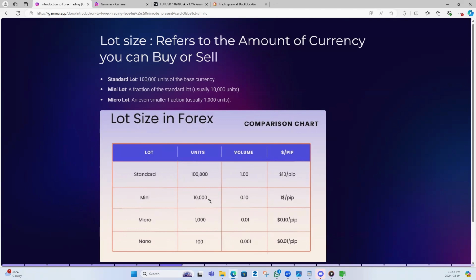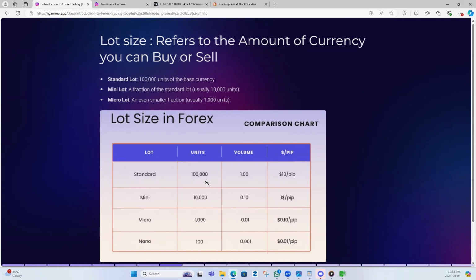Similarly, in a mini lot, every pip movement is $1. So if the price goes up 1 pip, there will be a gain of $1. In micro, which is $1,000, the pip movement is 10 cents, and in nano the pip movement is 1 cent.